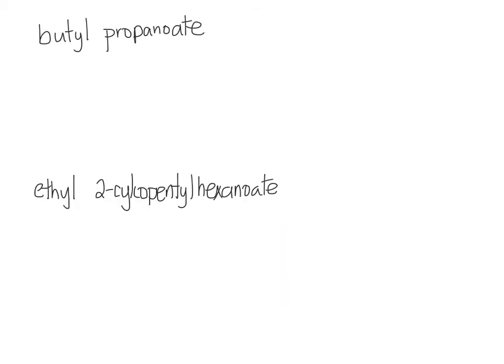Let's try drawing these. The first part tells us the alcohol portion, and the second part tells us the length of the acid that was used. So let's start with the portion that was the acid. It contains a C double bond O and propanoate, so that had 3 carbons: carbon 1, carbon 2, carbon 3. So there's one portion of our ester.